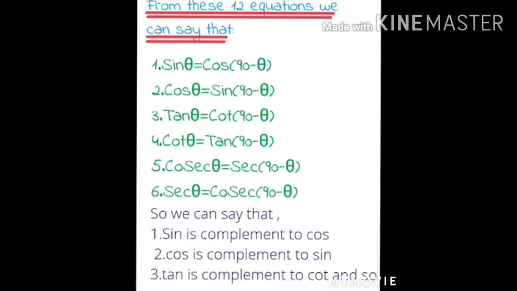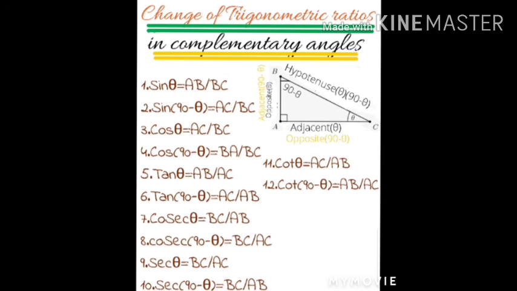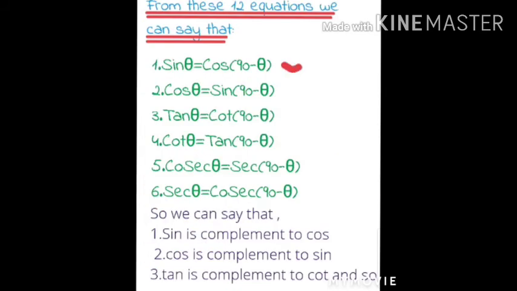From these 12 equations, they are going to derive some formulas. First, we have sin theta is equal to cos 90 minus theta.